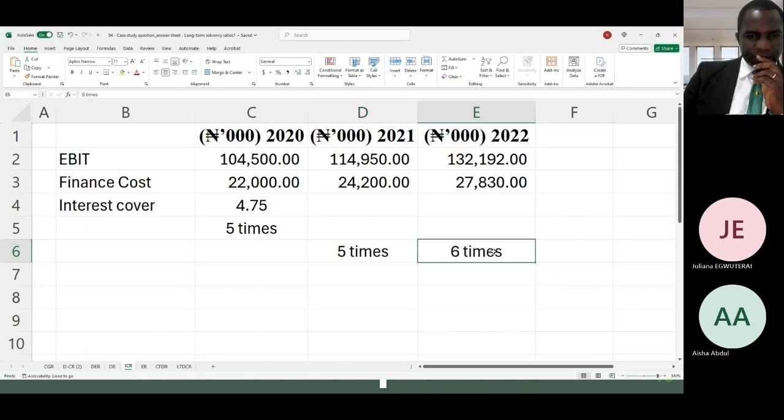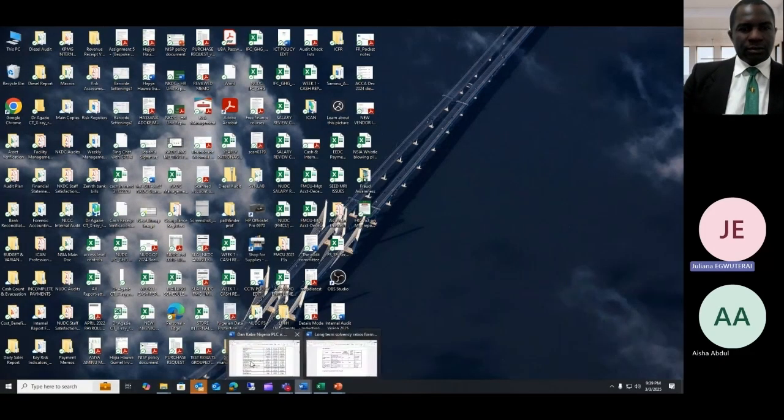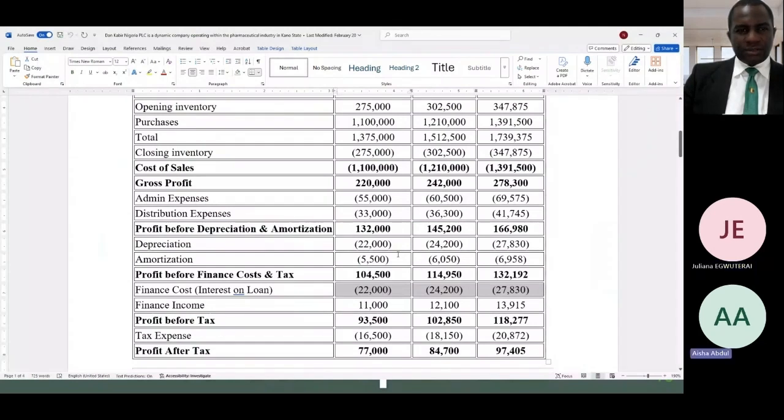Julie has 6 times. But wait, maybe I'm getting it wrong. Let me see what it picked. 4.74. It's 166,980 divided by 27,830. So I picked wrong figures. 132,192. Look at the figures.